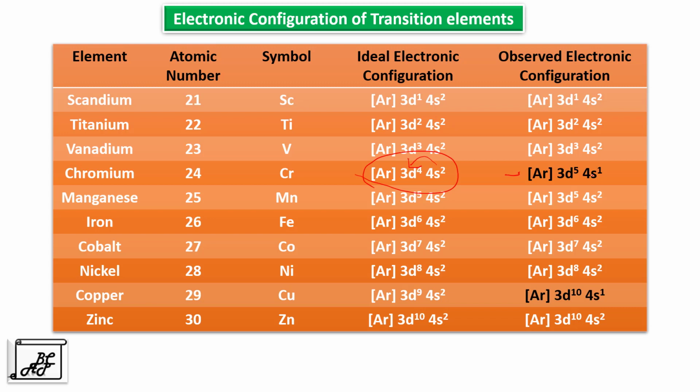That is how chromium has a stable electronic configuration and hence its observed electronic configuration is different from the ideal electronic configuration.